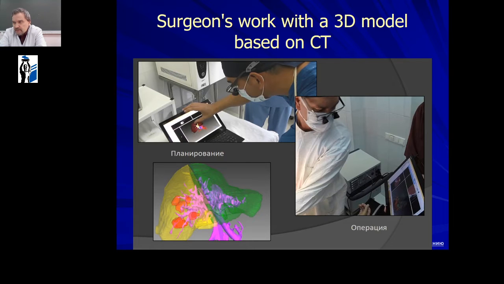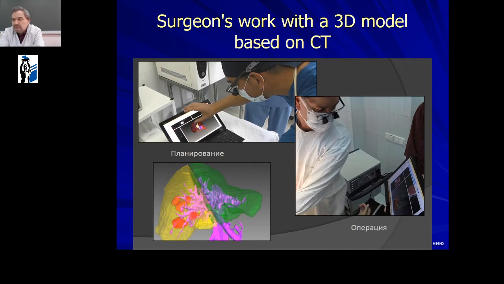Precise planning of access to the liver allows to avoid intraoperative bleeding from the arteries feeding the liver when part of the organ is removed. The highest manifestation of the system is the creation of augmented reality within the operating room.